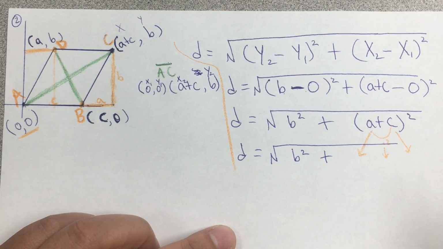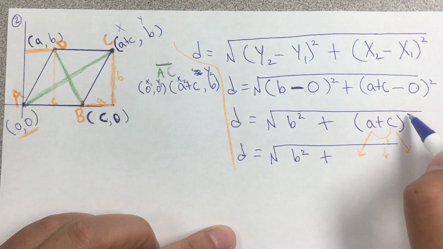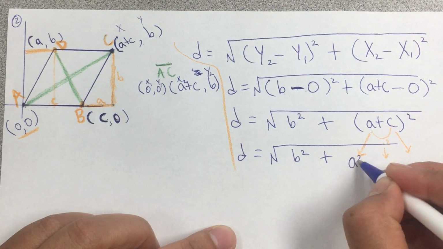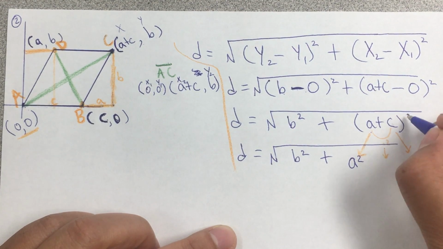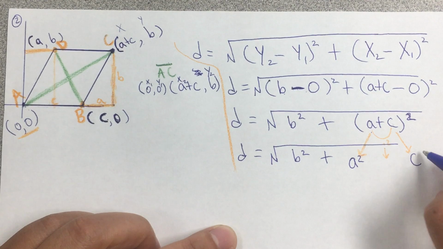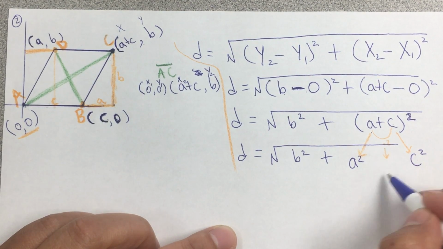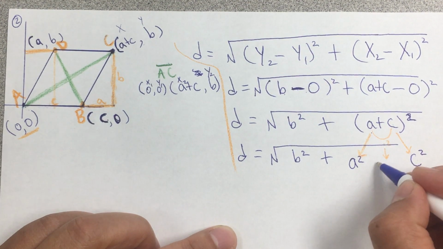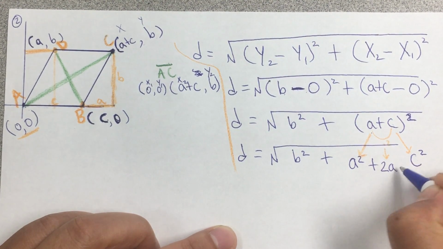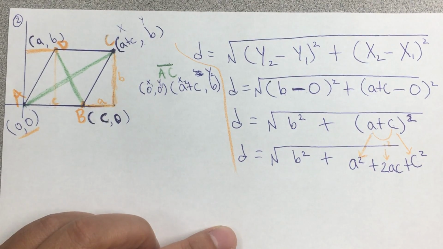The first one is that you get the first term and square it, so it's A squared. The last term is squared again, so it's C squared. But for the middle term, you always multiply the first term times the second, so A times C is AC, times 2 is 2AC. And since that's positive, you just put a plus.